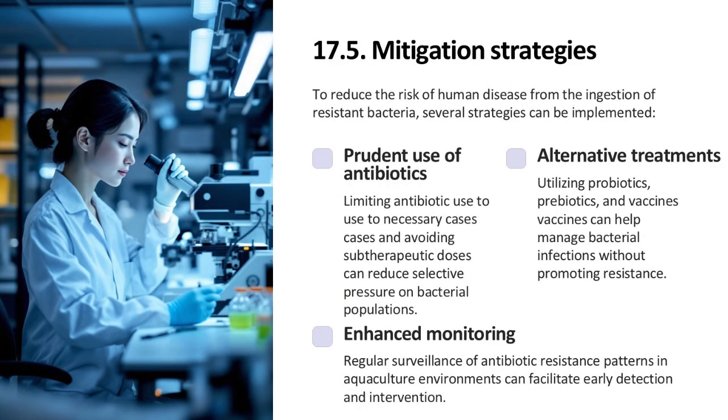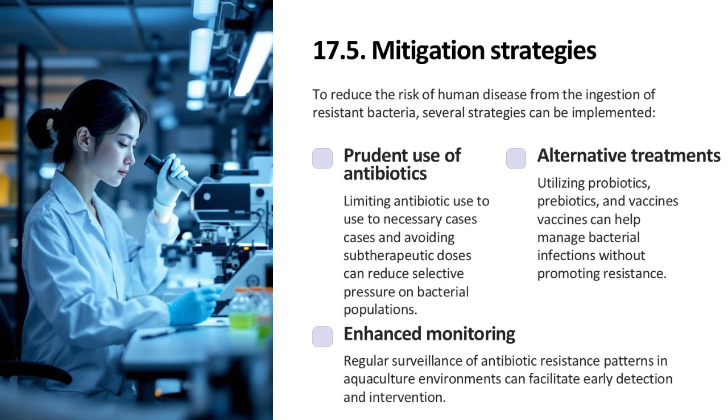17.5 Mitigation strategies. To reduce the risk of human disease from the ingestion of resistant bacteria, several strategies can be implemented. Prudent use of antibiotics: limiting antibiotic use to necessary cases and avoiding subtherapeutic doses can reduce selective pressure on bacterial populations.